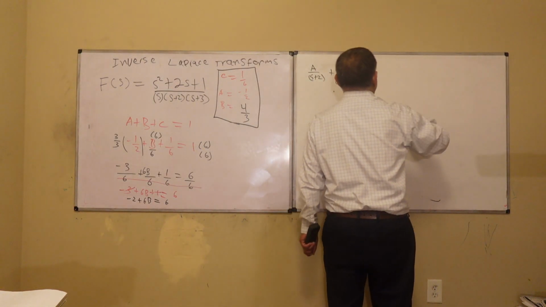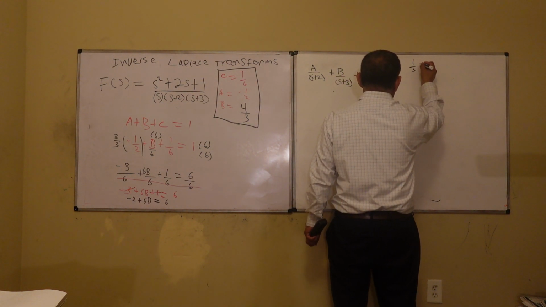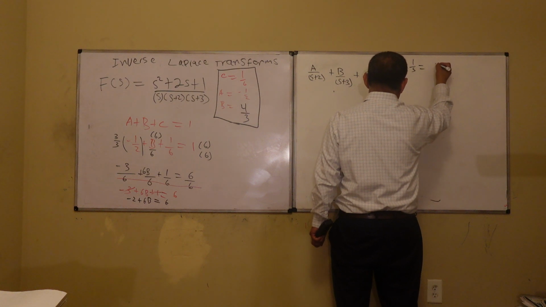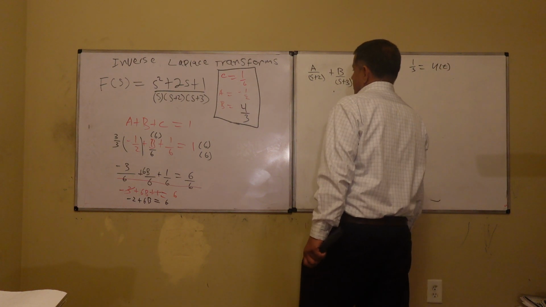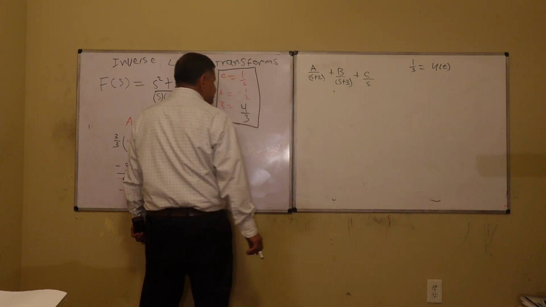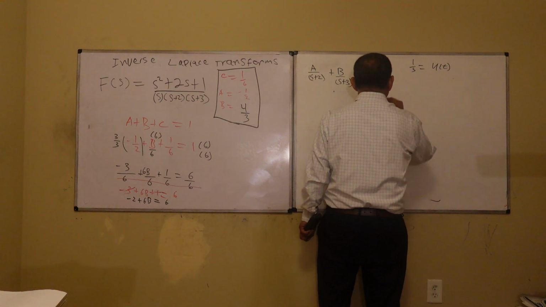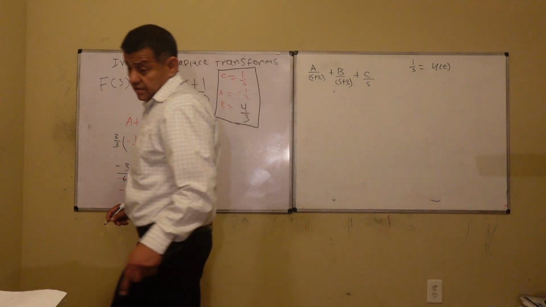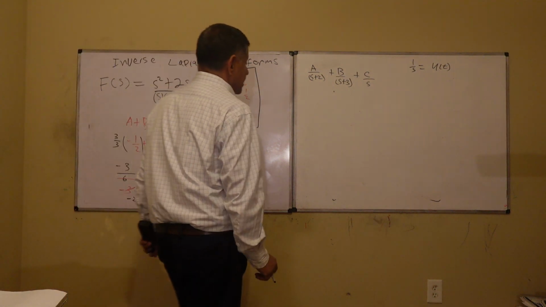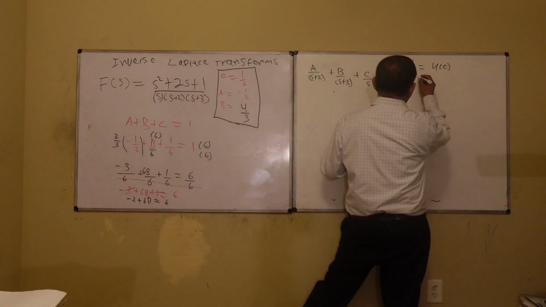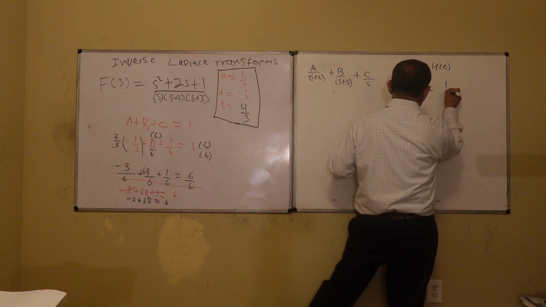In the other book it says that 1 over s is equal to u of t, right? And another one says that 1 over s is equal to 1.